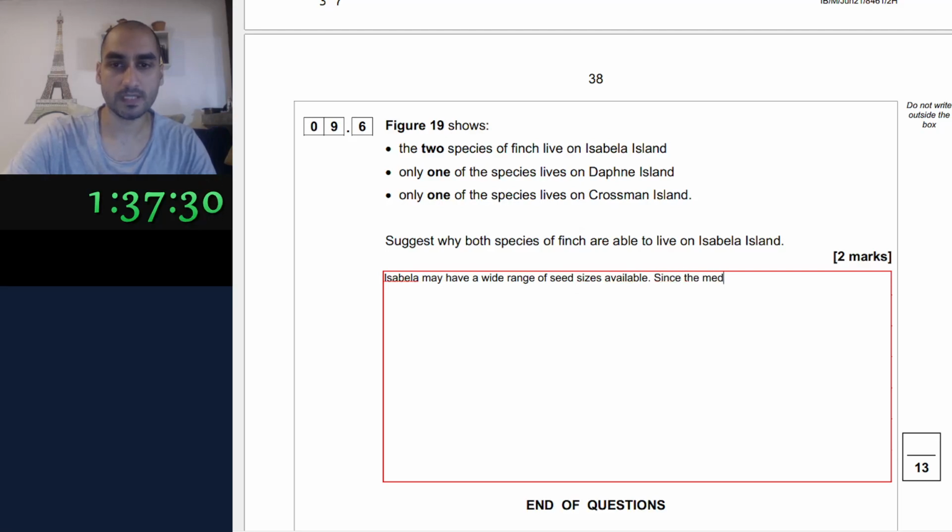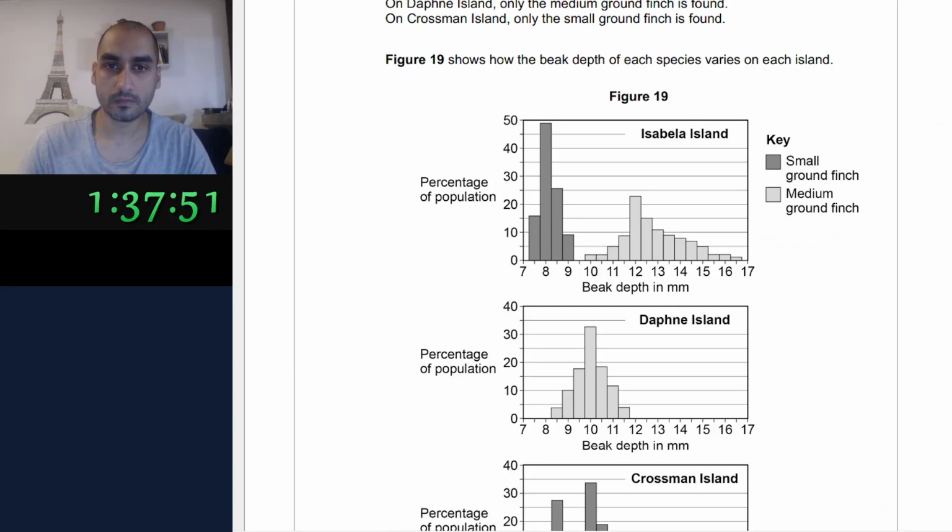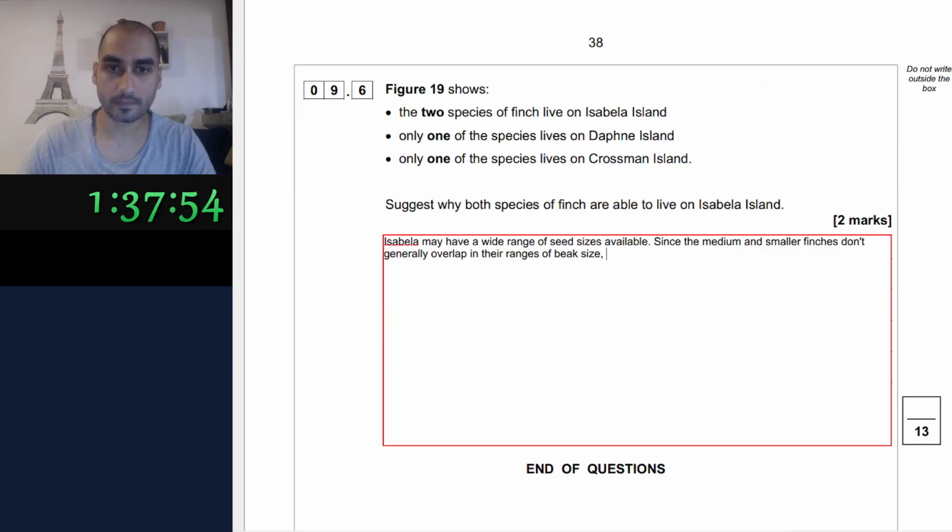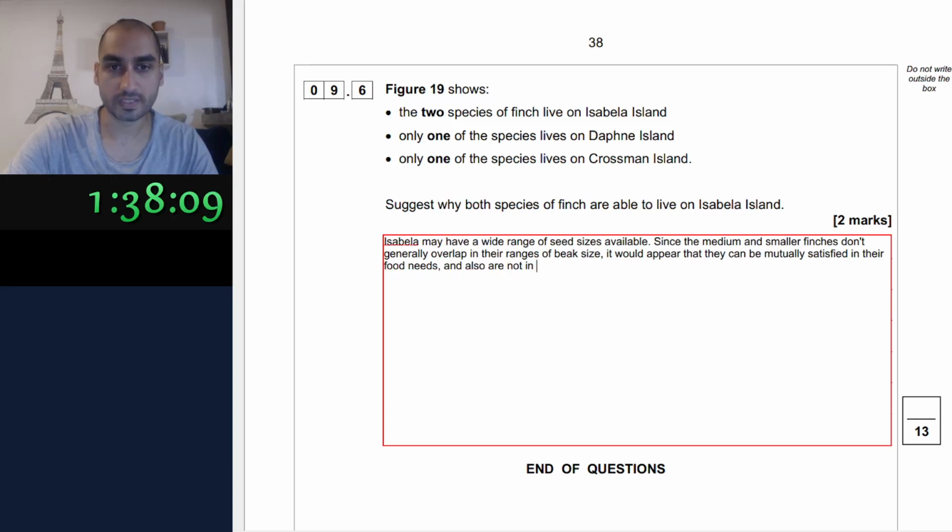Since the medium and smaller finches don't generally overlap in their ranges of beak size, it would appear that they can be mutually satisfied in their food needs and are not in direct competition with each other.